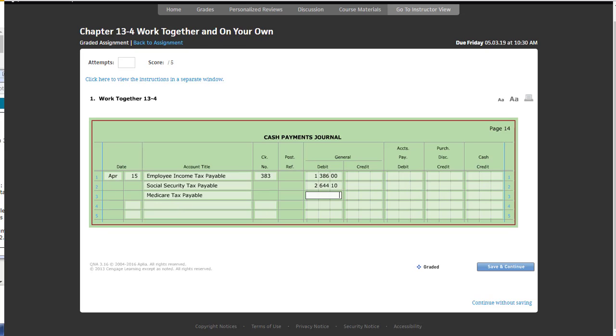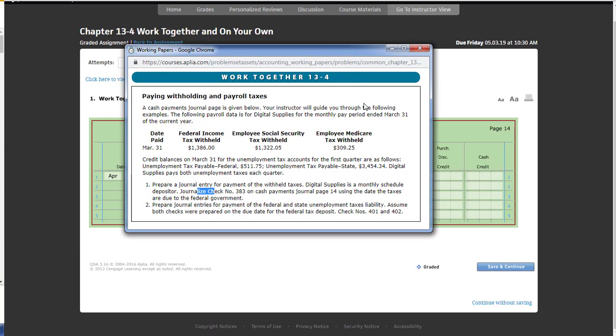Now, our direction says that it's $309.25, but I don't use that number again. Why? It says it's the employees. So they are purposely giving you just the employees portion, and you need to realize which taxes are matching. And Medicare, again, is a matching tax. So we're going to pay $618.50 for Medicare.